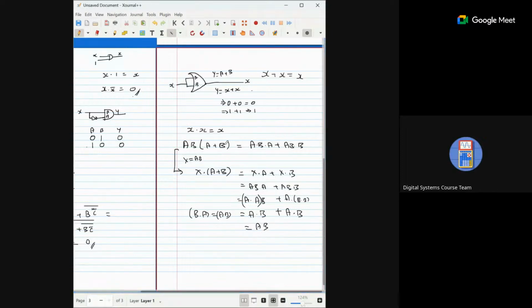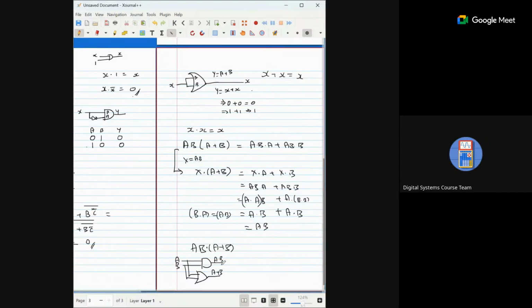So if I have the above expression ab of a plus b, there is no need to make these number of gates like this and the AND gate. This is a and b. This gives a dot b. This gives a plus b.